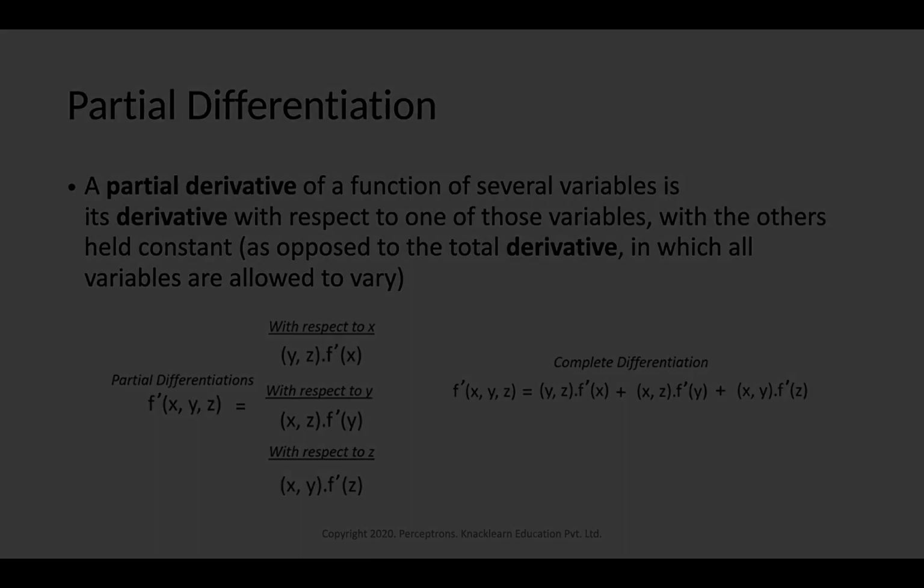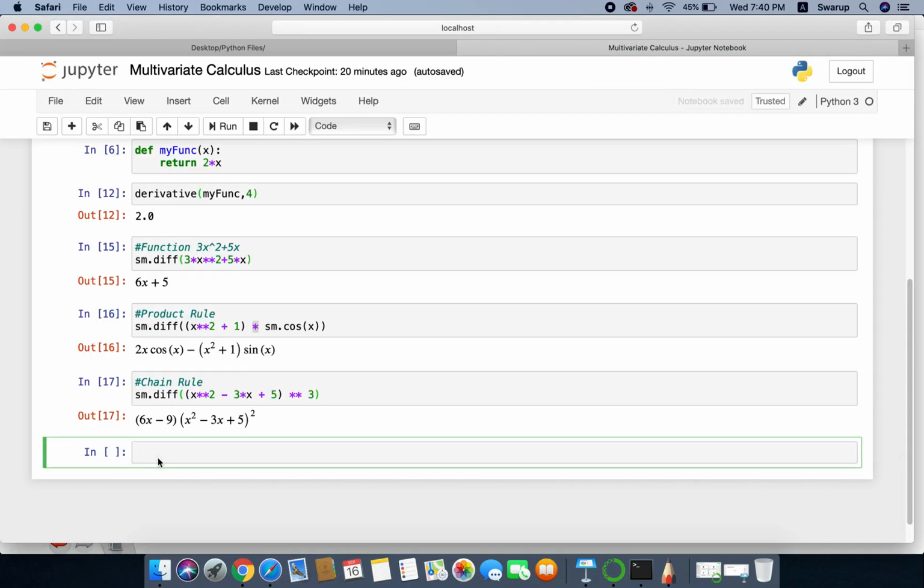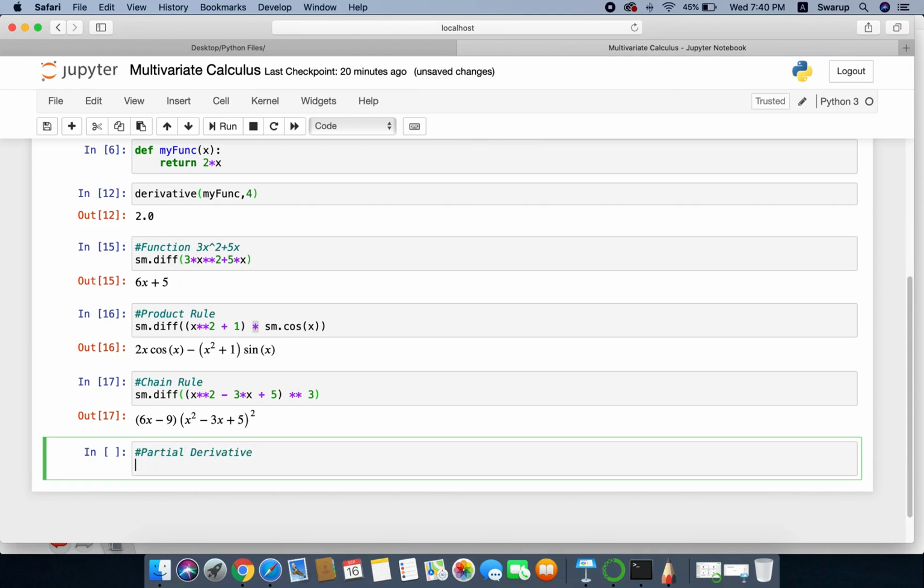So here we'll try this out in the SymPy package. I'll write a comment saying partial derivative. Now suppose we have this function where we have three variables. I'll take a function f, x square into y into z to the power 5.